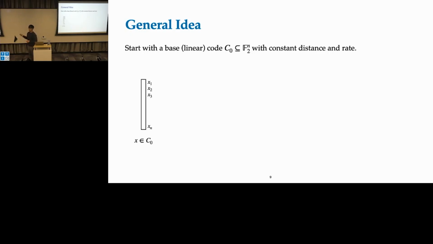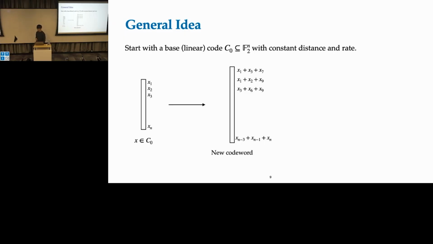We take a vector in C0, some x1 to xn, and then we just enlarge this codeword into a new codeword, where each entry is the sum of the entries of the original codeword. Here I'm using the summation in F2. If you want, you can think of this as 0, 1, and then adding would be addition mod 2. That's the procedure of what we're trying to do.